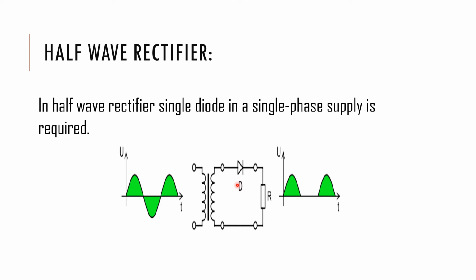Due to the pulsating nature of direct current, the ripple factor in this half wave rectifier is very high, and that's why it is not considered efficient, and this half wave rectifier most of the time requires filters to reduce the ripple factor.